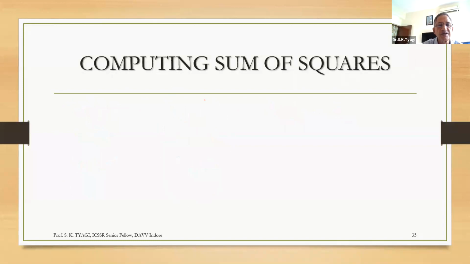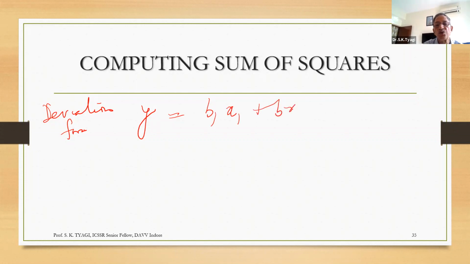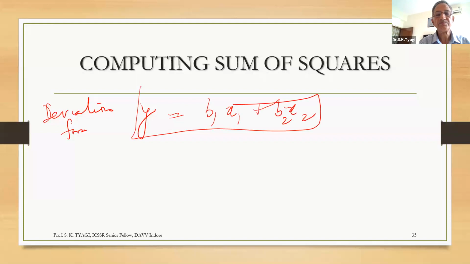in this particular example, you start with, in deviation form, y is b1 x1 plus b2 x2. As you know, in deviation form, there is no intercept, and these are deviations from respective means. So this is the equation in deviation form.